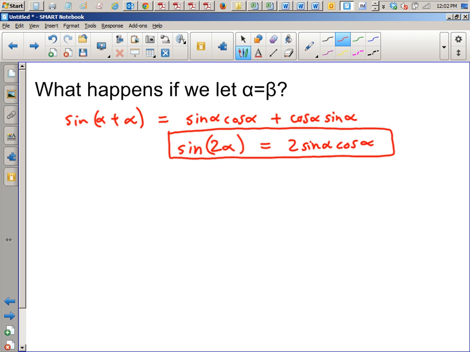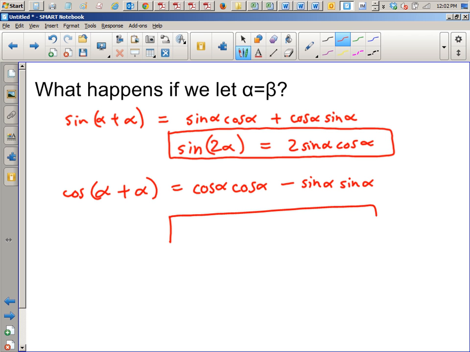Let's do the same thing with cosine, and let's make alpha and beta the same angle, see what happens there. Imagine doing cosine of alpha plus alpha, see? It would be cosine of alpha cosine of alpha minus sine of alpha sine of alpha. All my betas are alphas now. And simplifying that, it would look like this. Cosine of 2 alpha, that's what the left side looks like.